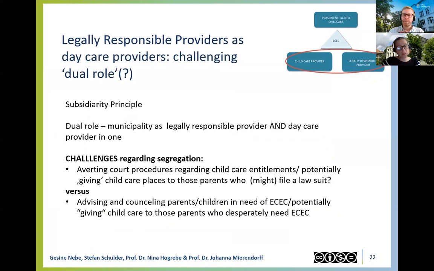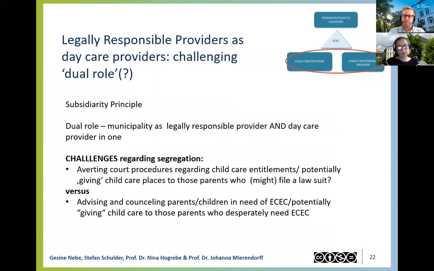Secondly, in Germany, subsidiarity is a highly regarded principle in politics and policy. In ECEC, this results in a heterogeneous and complex childcare market, because the legally responsible provider must promote ECEC providers rather than, and before, stepping in and providing childcare themselves.